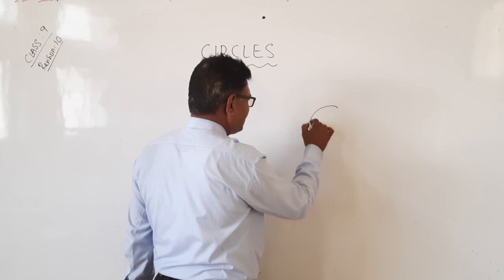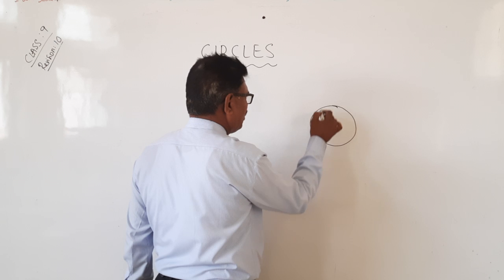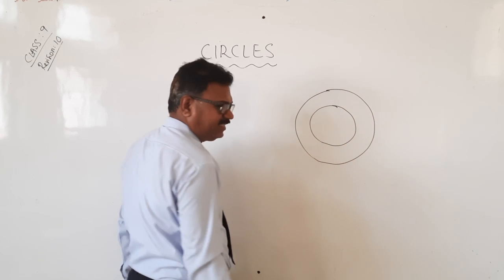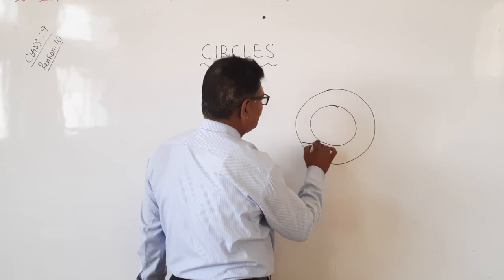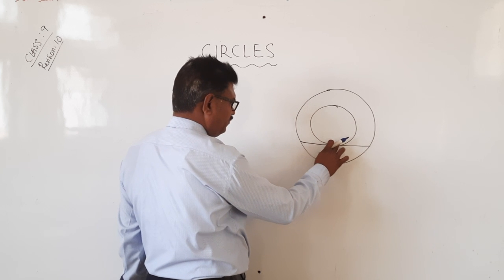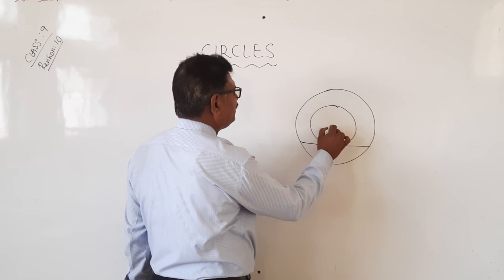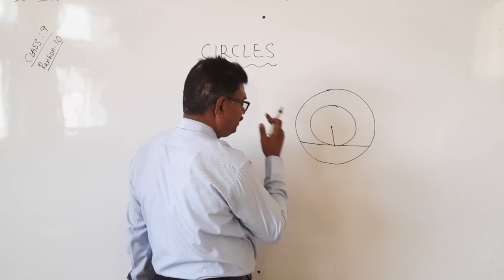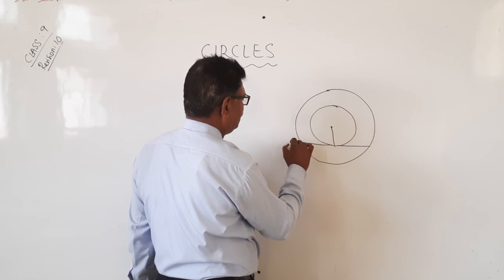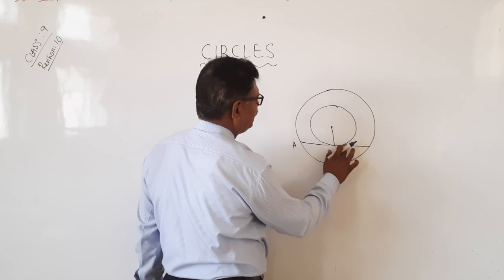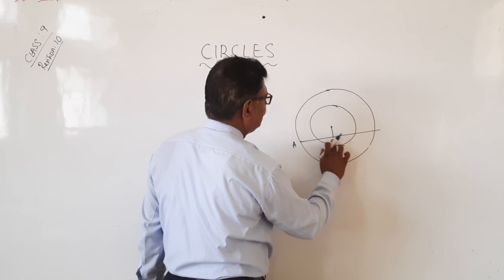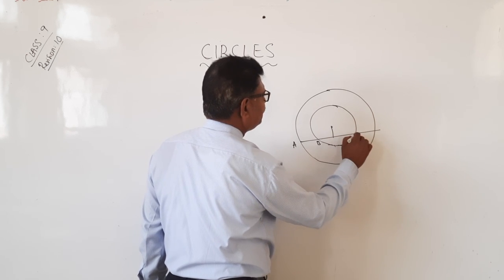Two concentric circles are there. Do you know what is the meaning of concentric? Concentric means both are having the same center. If the chord is drawn for the bigger circle, ABCD.